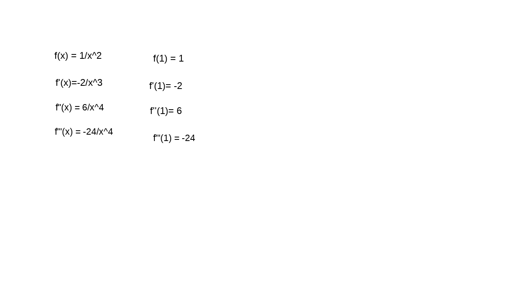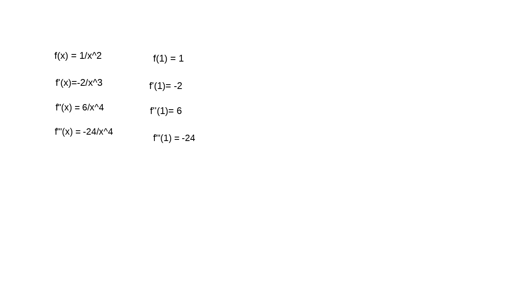P2 equals P1 plus f double prime of 1 divided by 2 factorial multiplied by x minus 1 squared. P1 is 1 minus 2 times x minus 1, and f double prime is 6, 6 divided by 2 is 3. So plus 3 times x minus 1 squared.